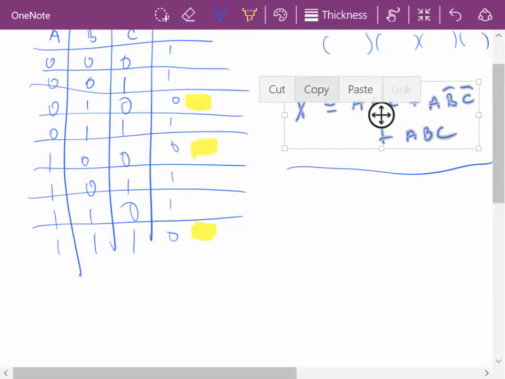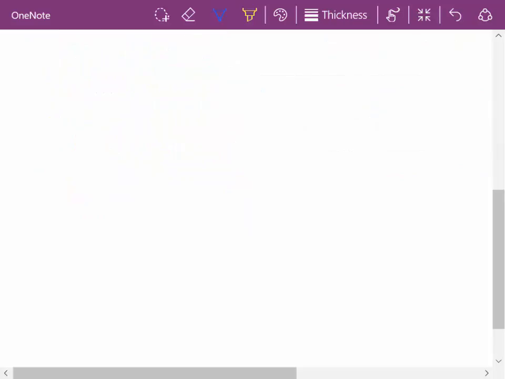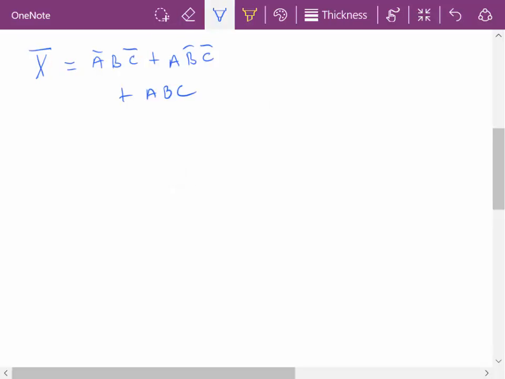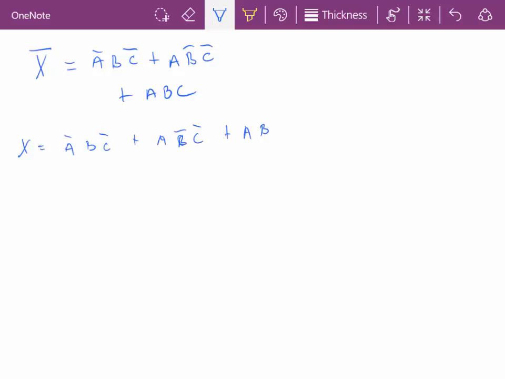I have to copy this. So if I write that as a function, I can say the function x is equal to a naught b c naught plus a b naught c naught plus a b c, all with a naught on that. I inverted both sides, is what I've done.